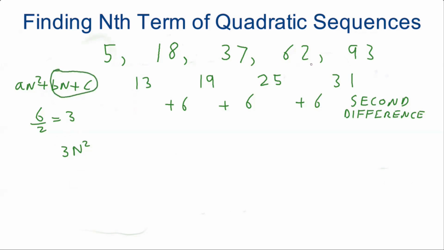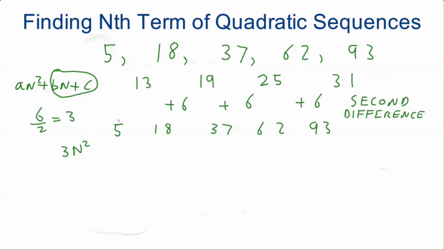We put down our terms as usual. 5, 18. Put down 3n squared, being this is the first term, second term, third term, fourth term, fifth term.